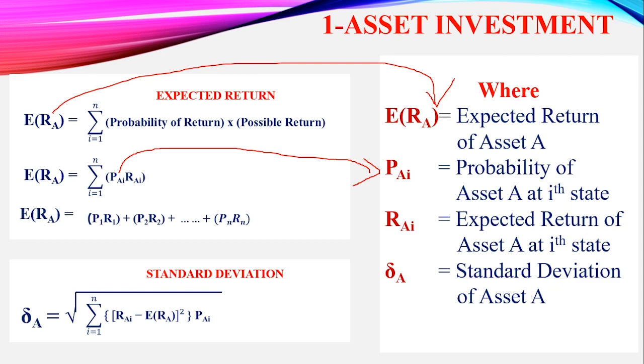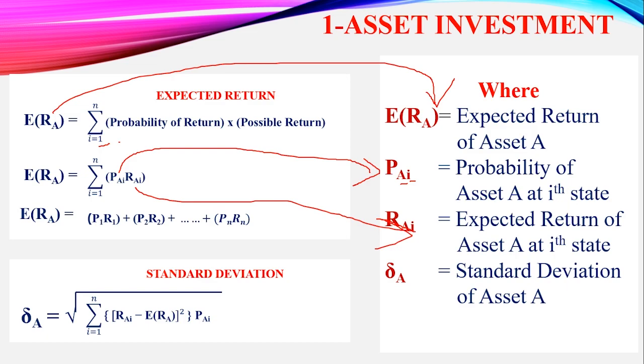If, for example, you have medium, high, and lower, those are different states. So you can have a different probability for each and every state, and that is what we call PA, the probability of asset A at a certain state i, which can be represented by 1, 2, 3, 4 all the way. Then RAi here represents the expected return of asset A at either state.